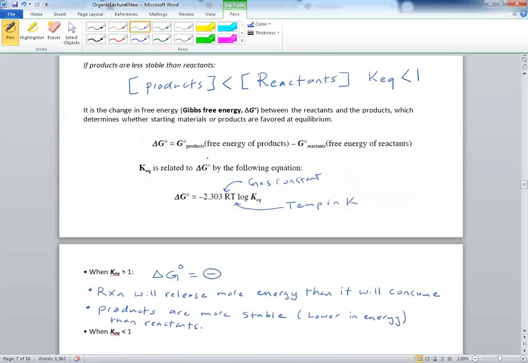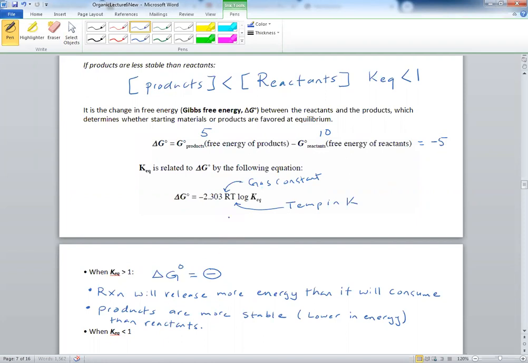think about this equation. Go back to this equation. If the products have less energy than the reactants, you will get a negative. Just keep that in mind. So if I have, just giving you basic numbers, a 5 and a 10, that's going to give me a negative 5.